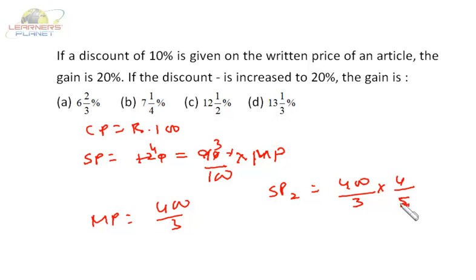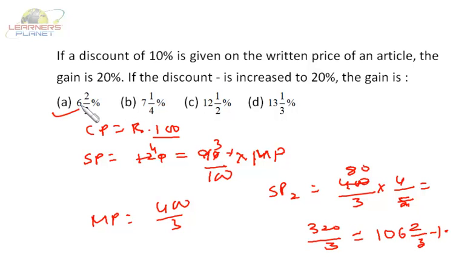So let's calculate this. So the cost price was rupees 100 and the selling price is 106 2 by 3. That means the profit is 6 2 by 3%. I'm sure you are clear.